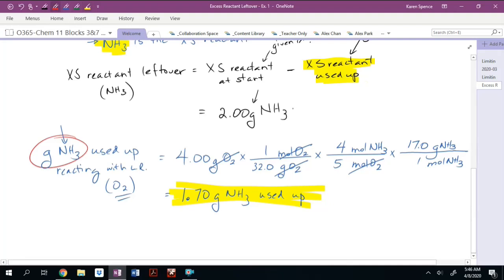So that's going to be minus 1.70 grams of NH3, and we end up with 0.30 grams of NH3. And because my number is in the middle of a whole bunch of calculations, I would definitely make sure that I put a box around that to show that that is my final answer. I might even put a star beside it or something. Okay.